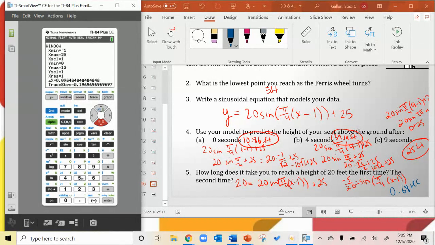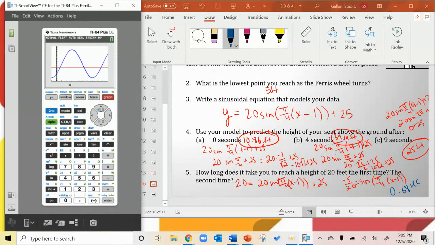So it was just 8 seconds. I'll go with 10. And then I probably want it to be from 0 to 50 so we can see it. Oh, what did I type in wrong? 20 sine pi over 4 times x minus 1 plus 25. Oh, I missed a parenthesis. I didn't close that, so my calculator didn't know what it was doing. Now I'll graph it.